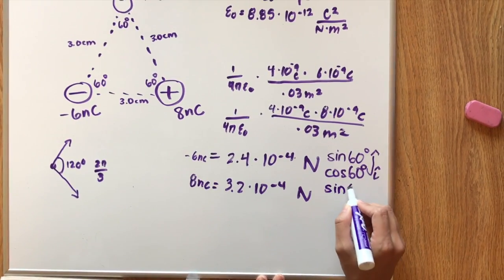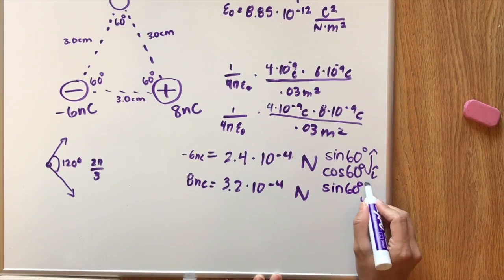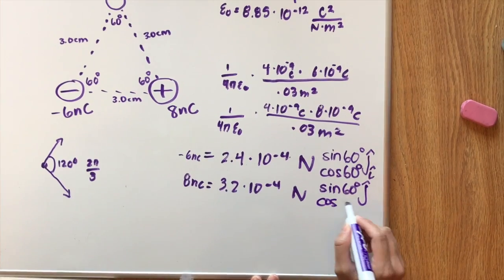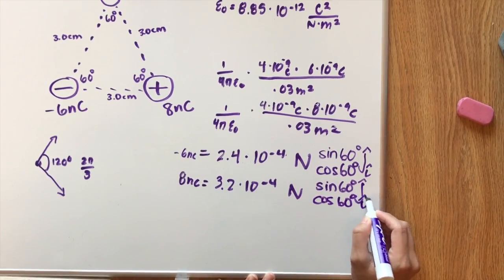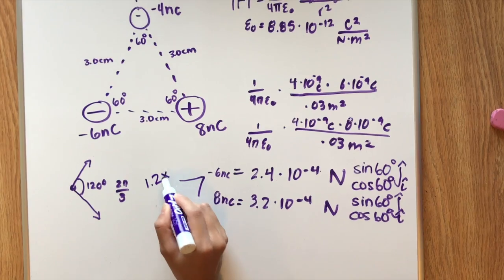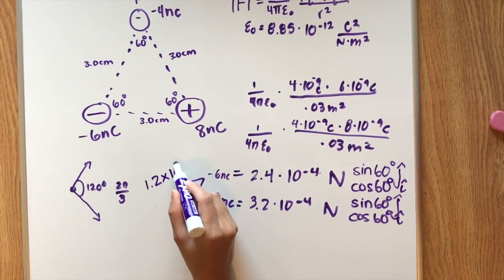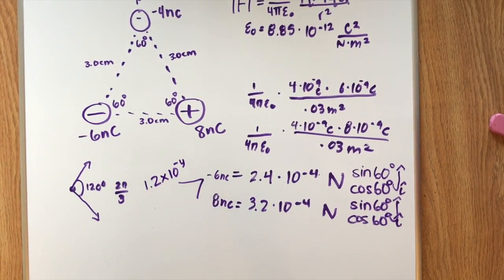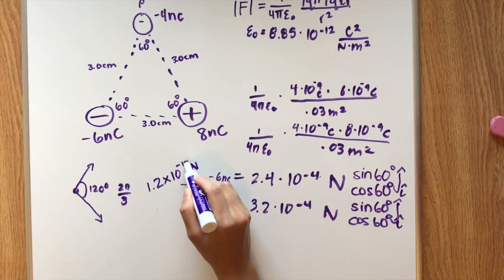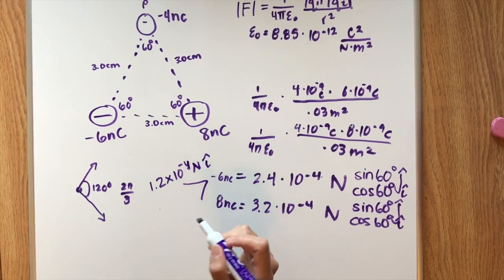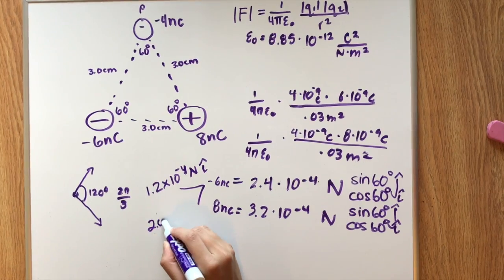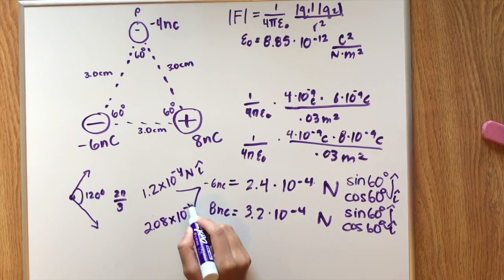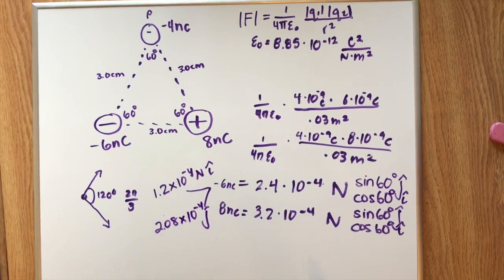For the -6 nanocoulomb charge you get 1.2 times 10 to the -4 newtons i hat and 2.08 times 10 to the -4 j hat.